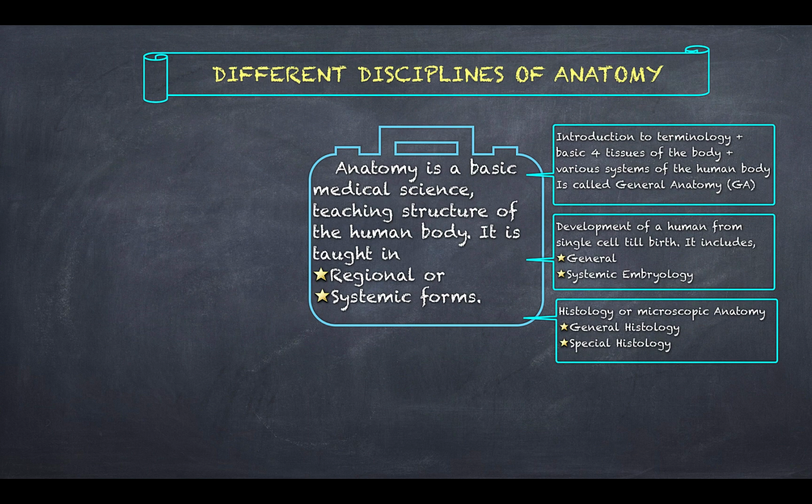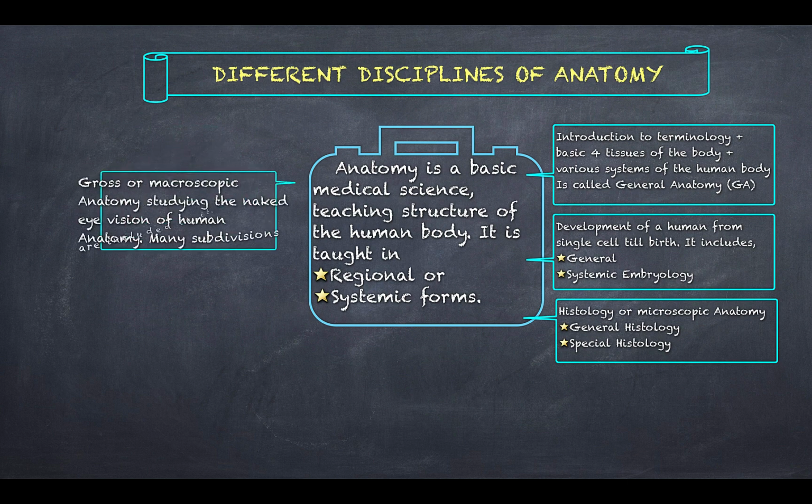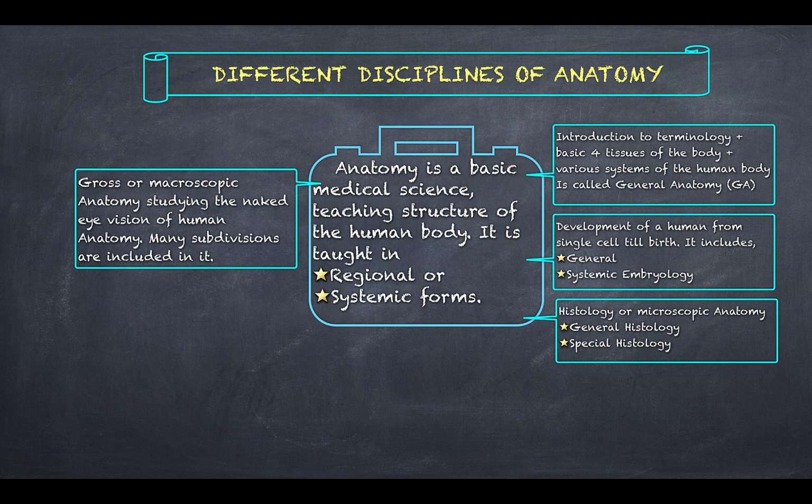Then histology is the microscopic anatomy. That will also include general and special, and this will also be a separate lecture. Then we will come to gross anatomy, which is mostly taught in the lab or by the demonstrators, and they tell you everything with it.